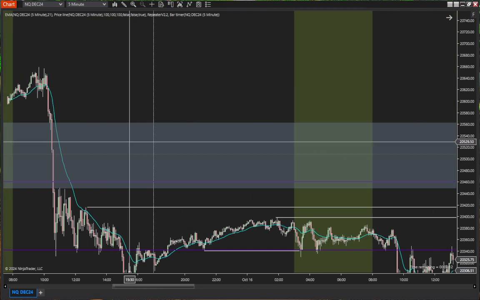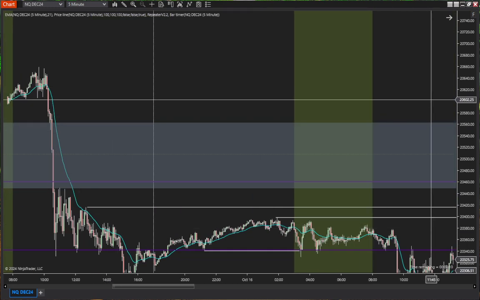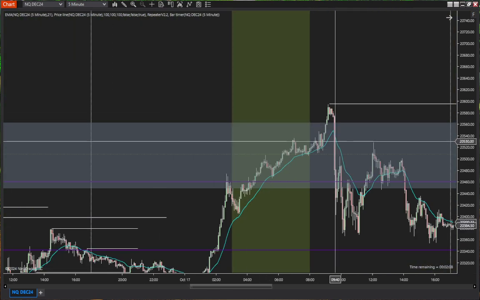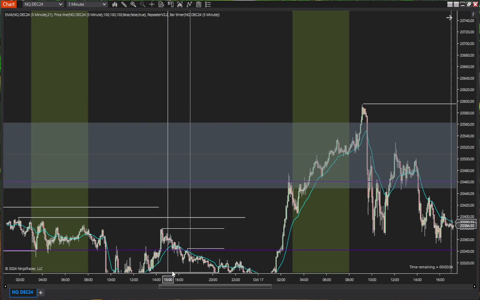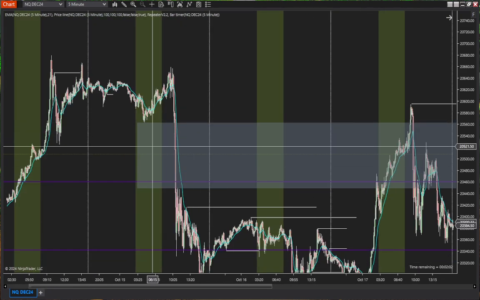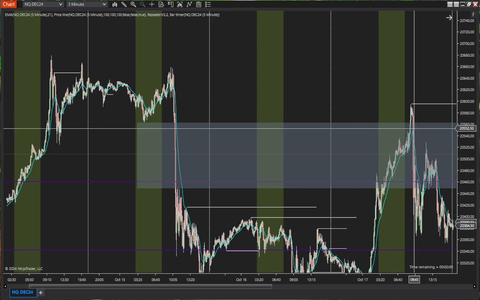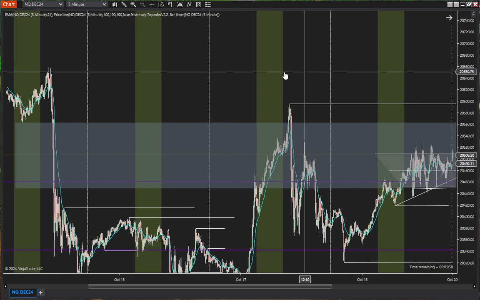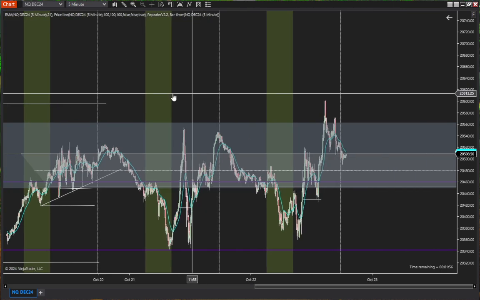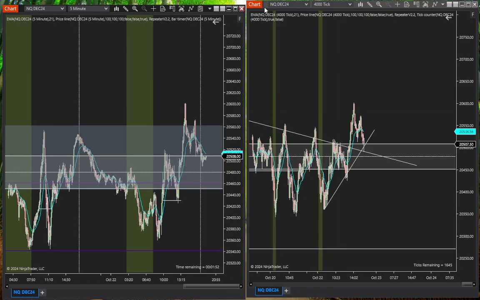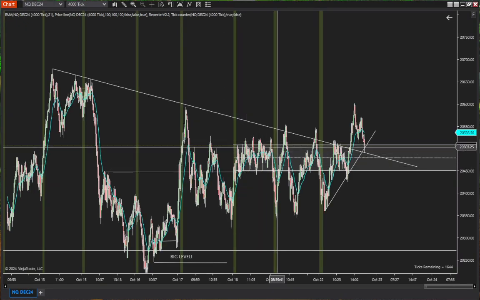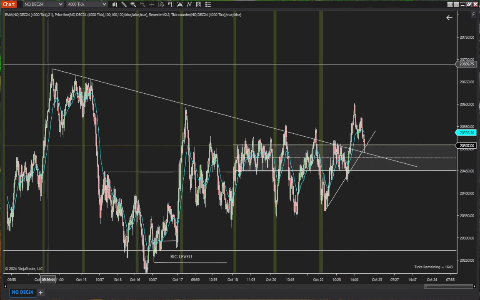Now, I will remove the imbalance when they fill. Imbalance has been filled, I remove it, right? But that's what I'm just showing you. Look to the left, find my imbalances, chart them. Find your trend lines and chart them. Find your ranges and chart them. Ranges, trend line.